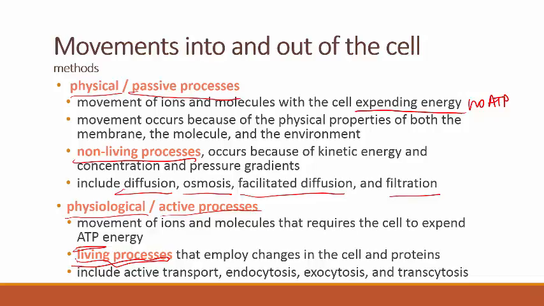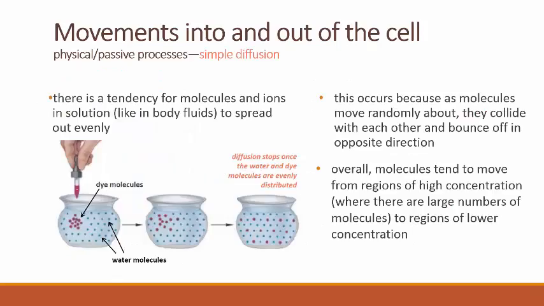So we're going to start by looking at these passive processes, the physical processes that move materials from one side of the membrane to the other. So first let's talk about the idea of simple diffusion. This is exactly what we were doing with the dye molecules, with the food coloring molecules in lab recently.